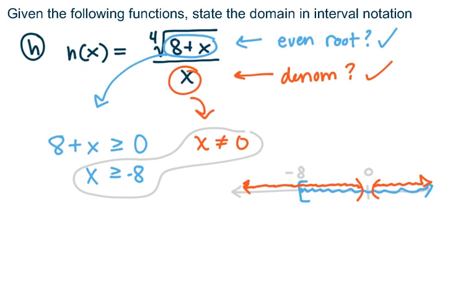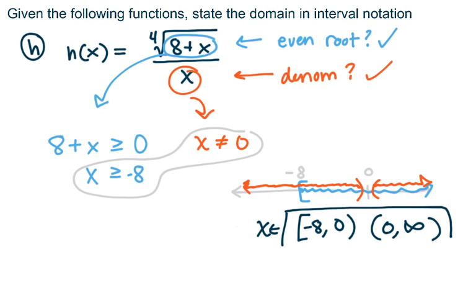So now we have to answer where the red and the blue are occurring simultaneously. From the interval negative infinity to negative 8, we do not have red and blue occurring simultaneously. On the interval from negative 8 to 0, we do. Not at 0, we leave that out, and then we have 0 to positive infinity.